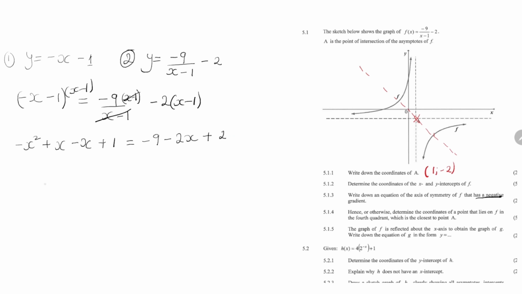Okay, now we have a minus x squared, and this plus x minus x will be equal to 0. So here we are left with a plus 1 equal to a minus 9 plus 2, that is a negative 7. So we bring down the minus 2x.